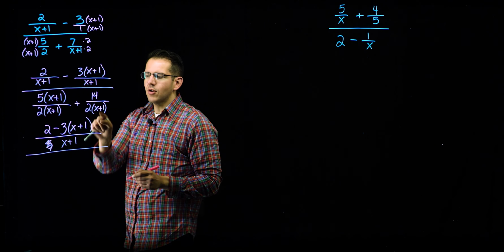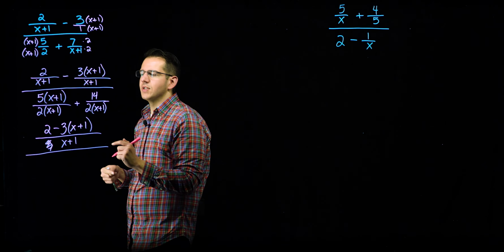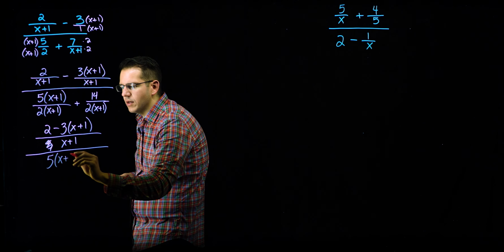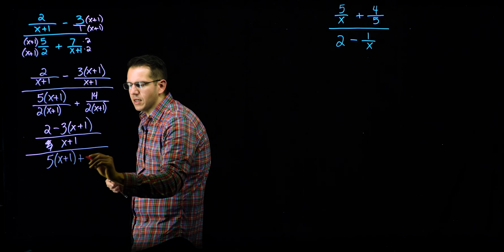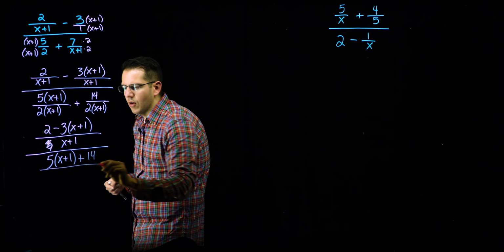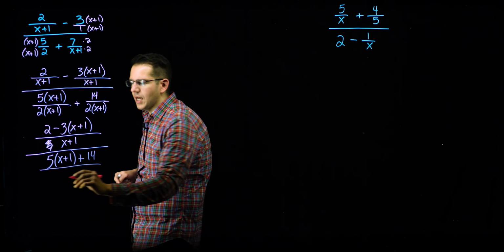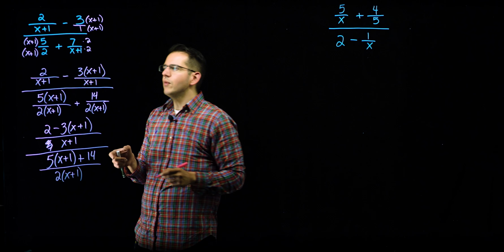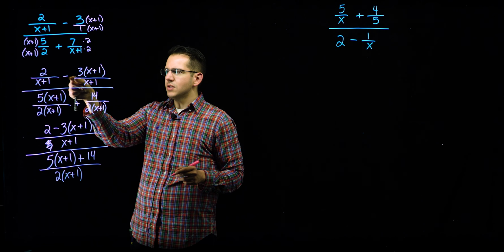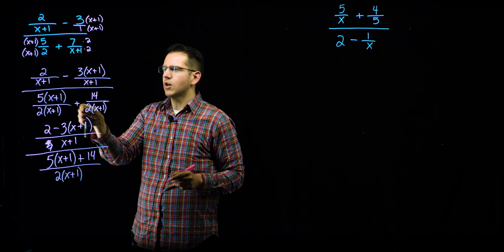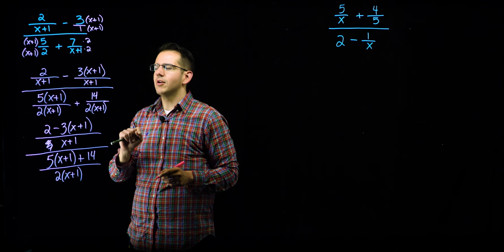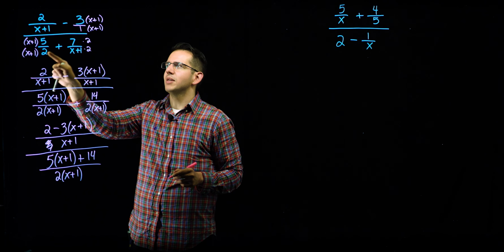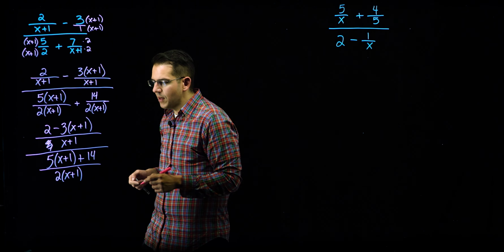Now in the denominator, we're going to combine these fractions together. We have 5 times x plus 1 plus 14 over 2 times x plus 1. So again, we were able to combine these two terms and these two terms since they each have the same denominator now, and they're pairs. Whereas before we could not combine them because they had different denominators.